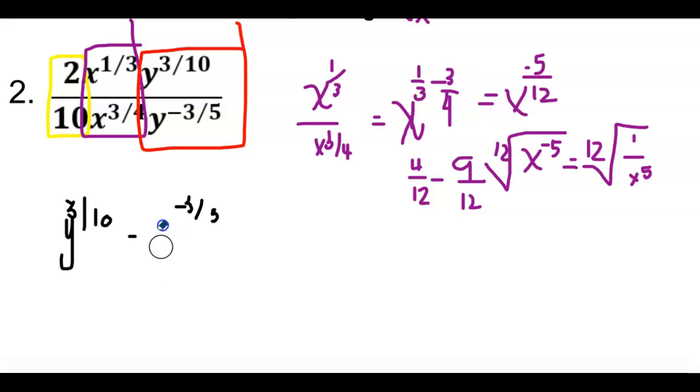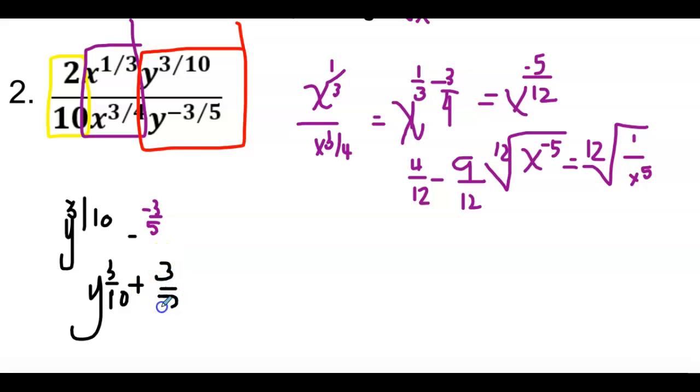Erase this. Okay, I don't know why we switched colors here. So this would be y to the 3/10 minus a minus, which turns into a plus, 3/5.